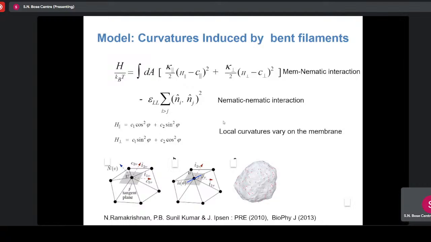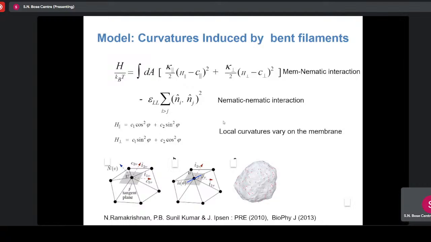These two principal eigenvectors, along which I have C1 and C2, I want to find out what is the curvature along the rod and perpendicular to the rod. So along the rod is H parallel, and this is H perpendicular. And there are two intrinsic curvatures, one for along the rod, the other for perpendicular to the rod.